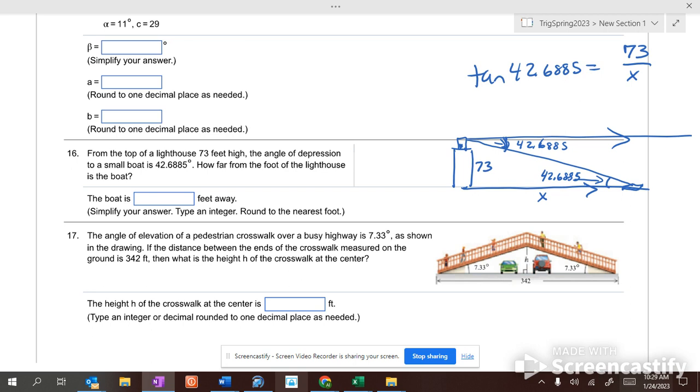Uh-oh, we've got a problem here. Our problem is our variable is in the denominator. Can't solve for a variable in the denominator, so we multiply top and bottom by x. So x tangent of 42.6885 equals 73, and then divide by the tangent of 42.6885.